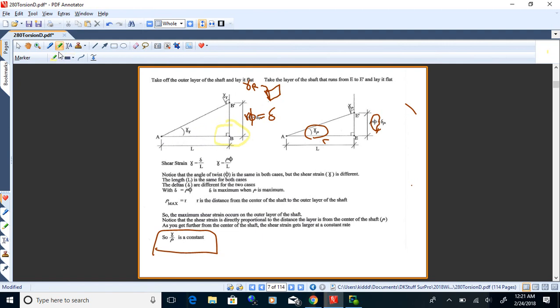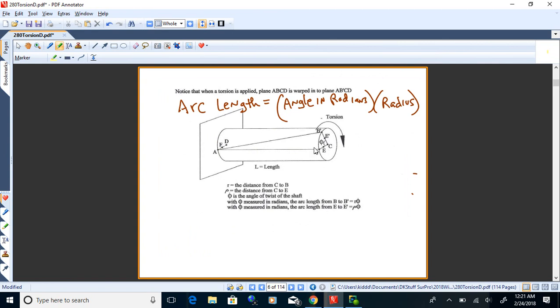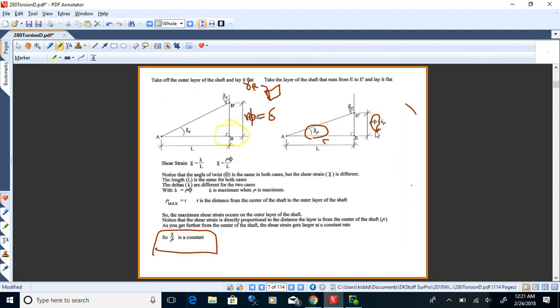Now notice if you're looking not at B prime AB, but instead at E prime AE. So now we're inside the shaft, we're not on the outer layer. We're going to have those same sort of relationships, except that this angle here will not be as great.